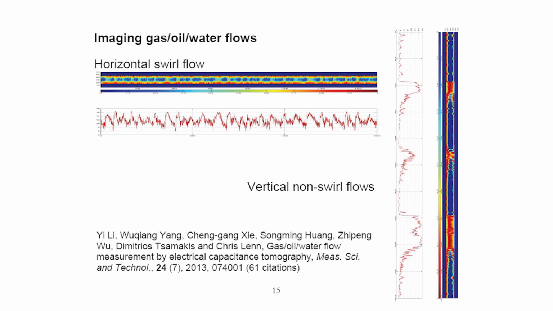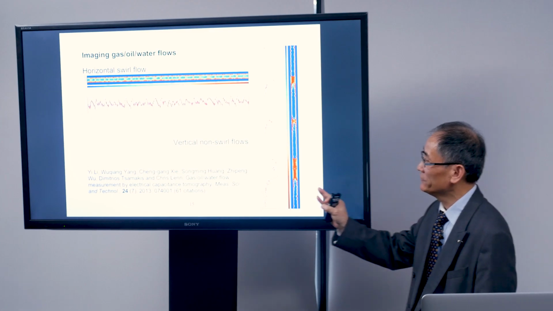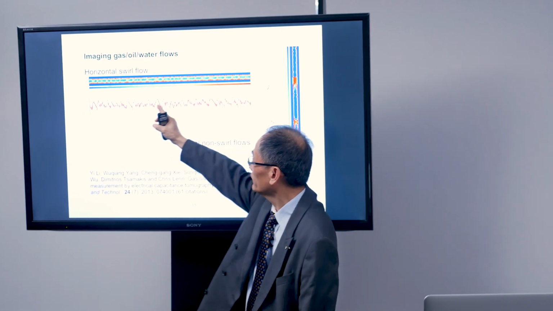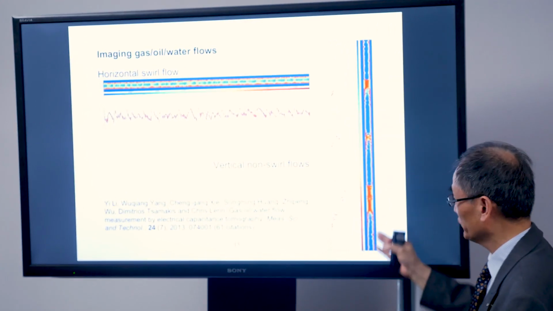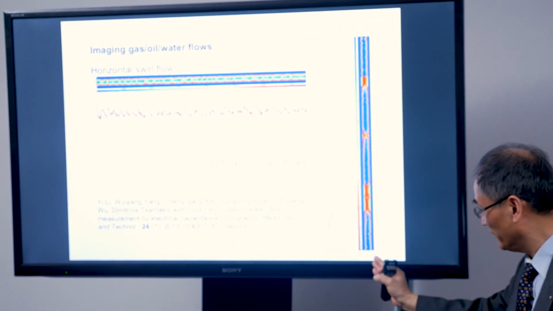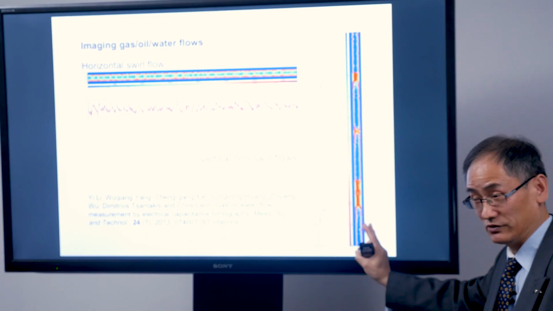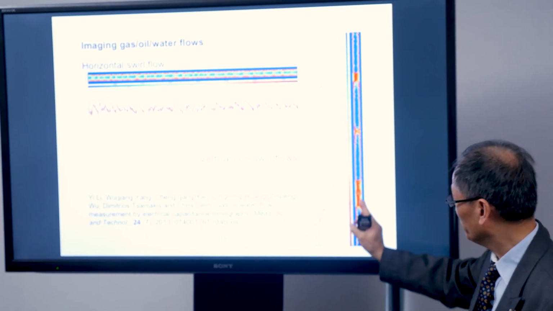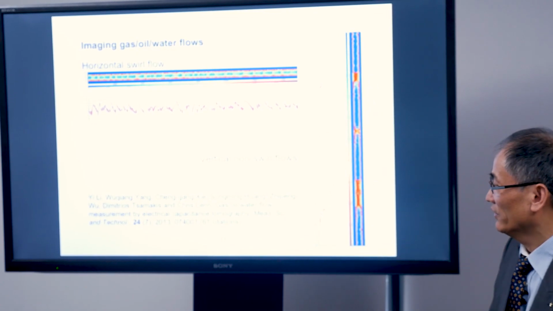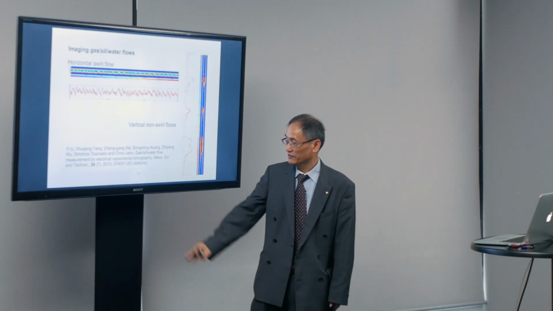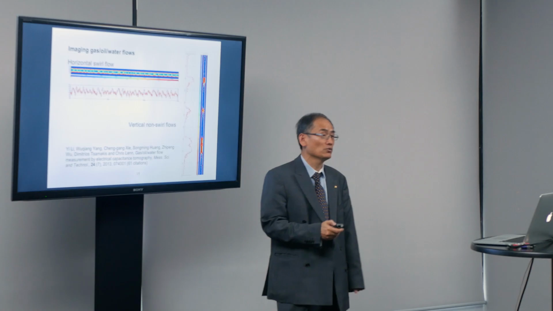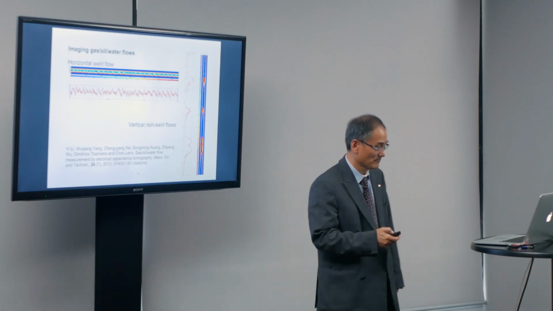Here, I give you 2 typical results. One is horizontal flow, gas oil water flow. This is a vertical flow. That means the liquid or gas, the oil, flows from bottom to up. We published a paper on this topic. So far this paper has been cited 61 times.